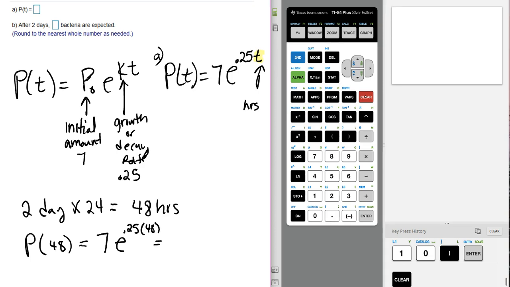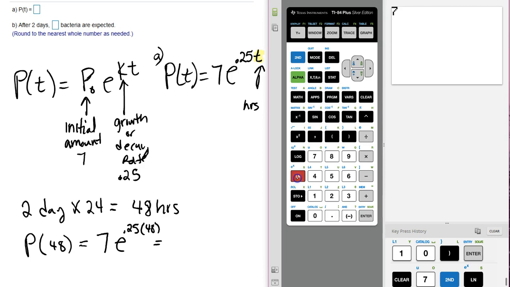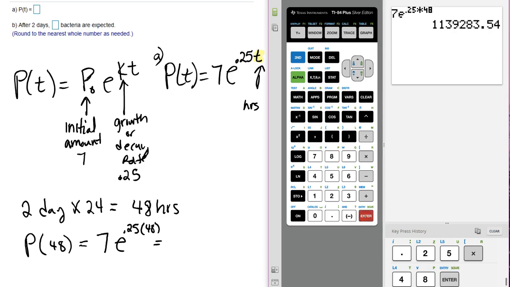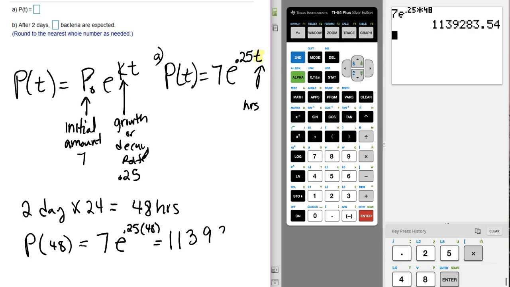So let's use our calculator. 7, we need the e. So I hit the second and then natural log button to get e to the x. Then we put in 0.25 for the exponent, that's the growth rate, times 48. And I have, after 2 days, 1,139,283.